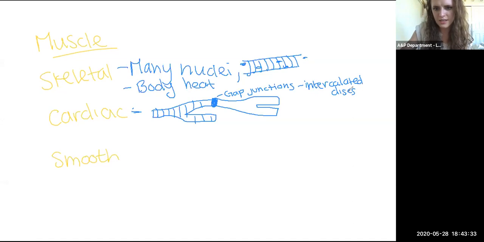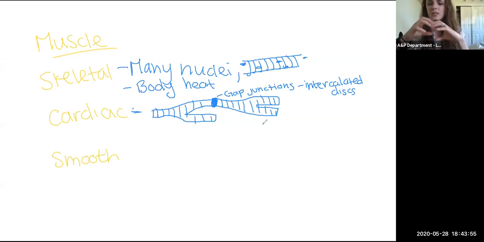Okay, so these gap junctions are known as intercalated discs. It's not the striations, it's the darker lines that you find connecting two cells together. They're known as intercalated discs. And these gap junctions allow both of these muscles to contract at the same time. That's why your heart can beat all at one time. Okay, so that's the purpose of those gap junctions.